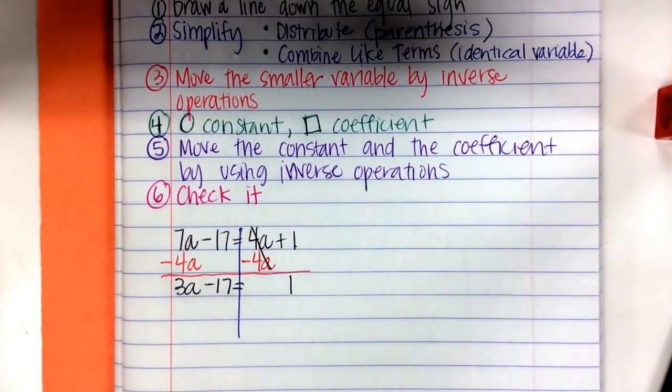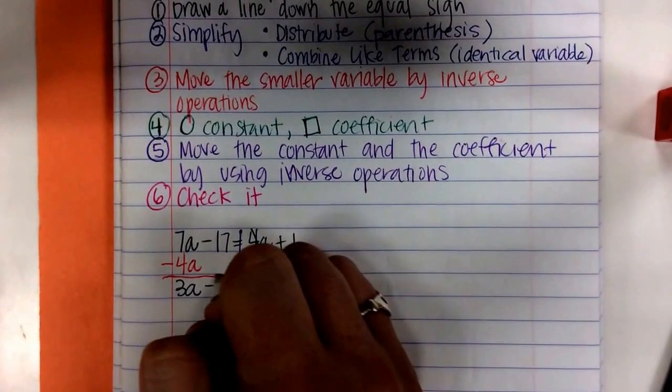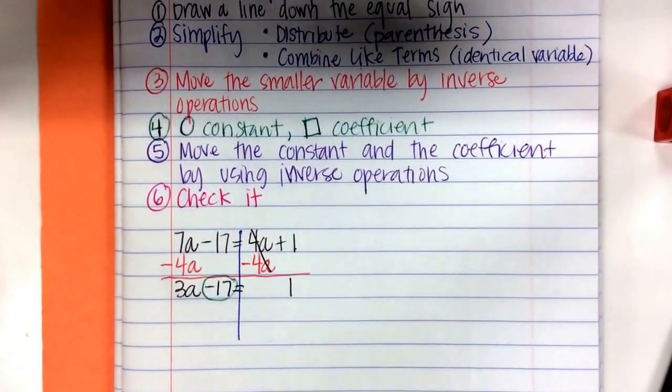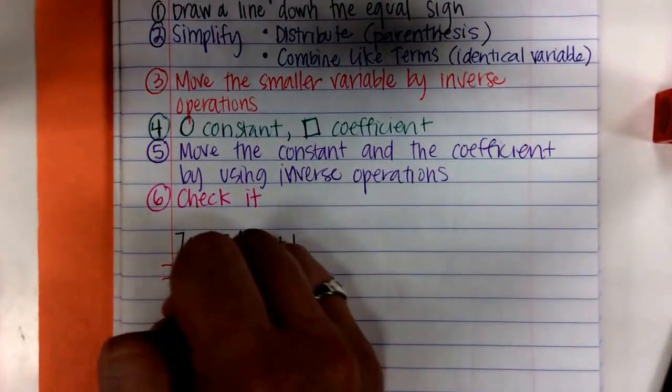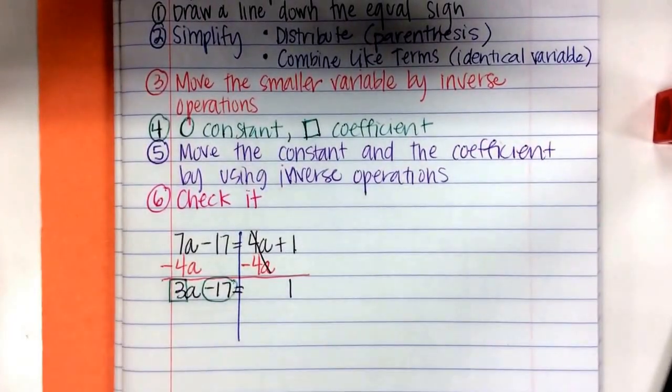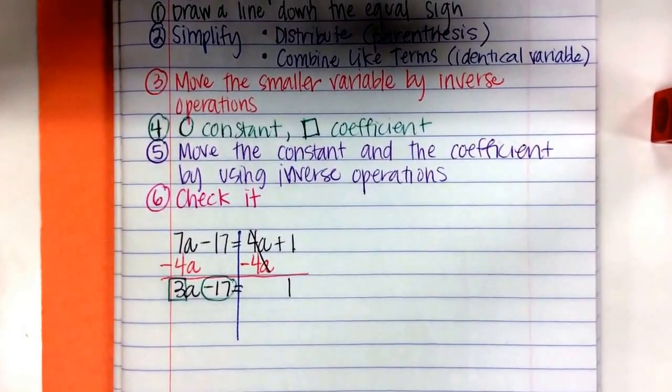What do I circle? Negative 17. What do I draw a square around? 3. Let's move them. What do you do first?